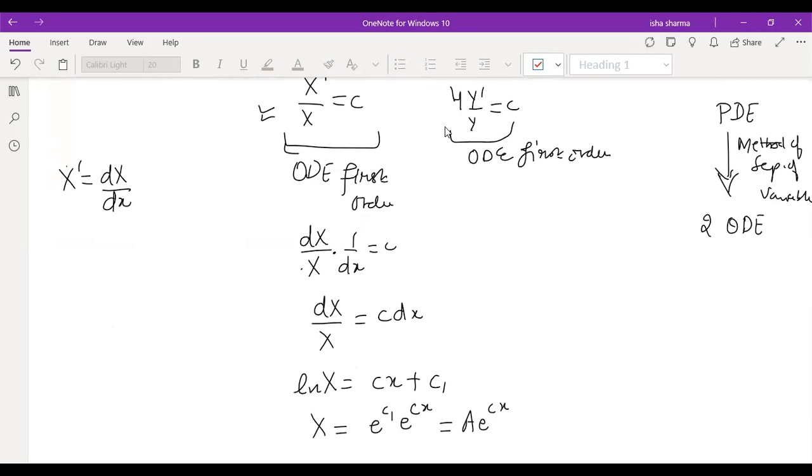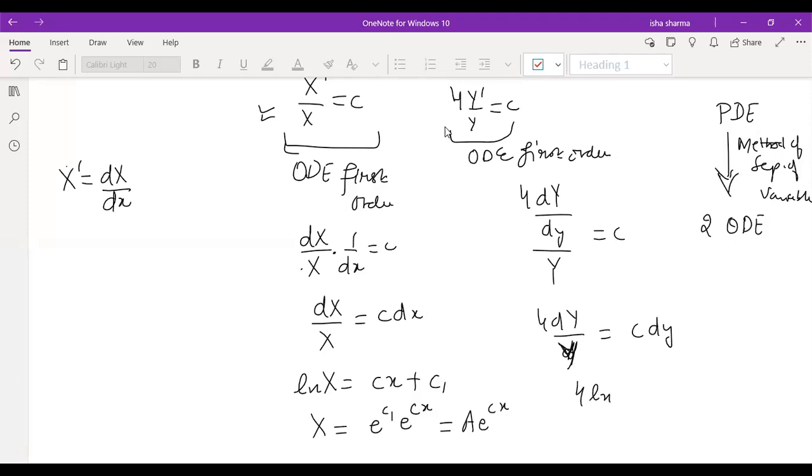And similarly, you can solve this one. So it's 4 times dY by Y is equal to c. So it's 4 times dY by Y is equal to c dy. This is again the variable separable technique which we are using for the first order differential equation.